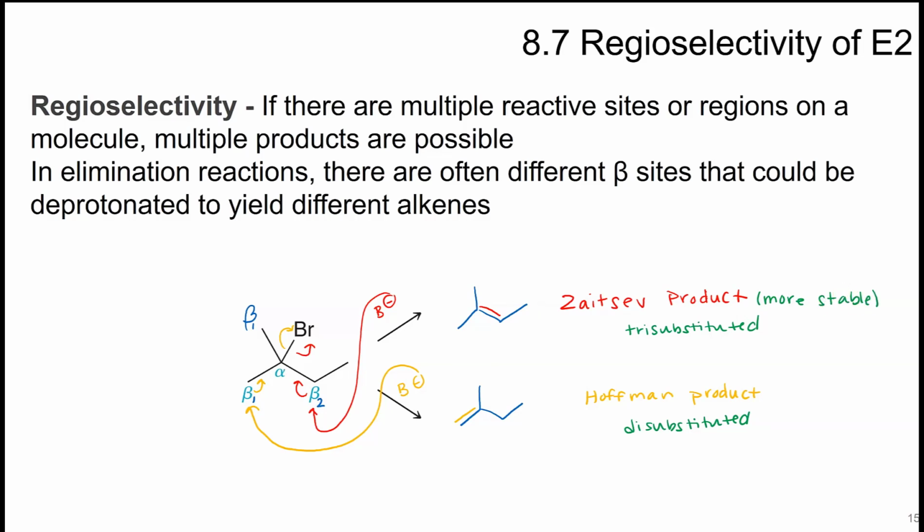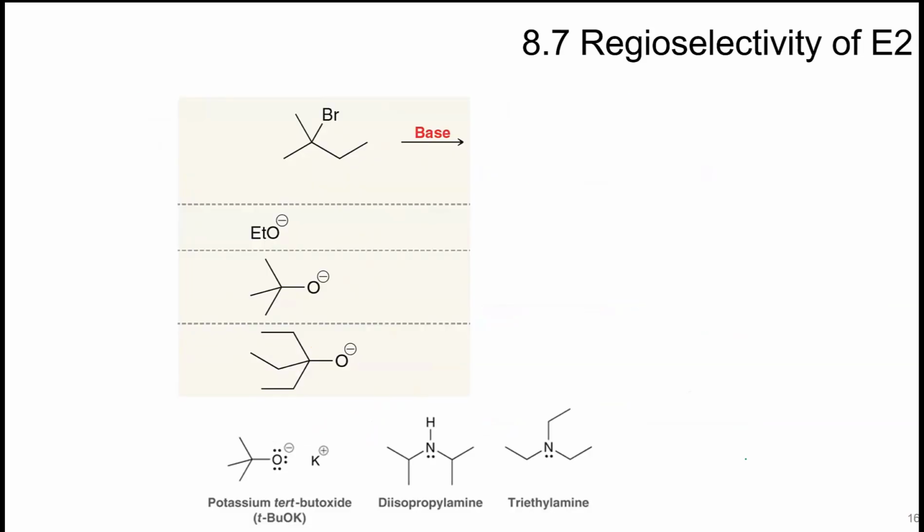We learned a few slides ago that the tri-substituted is more stable than the di-substituted, and that's why that is the more stable product. Depending on what base you use, you'll get different ratios of these products. This is the Zaitsev product. This is the Hofmann.